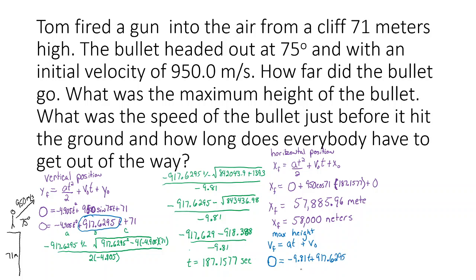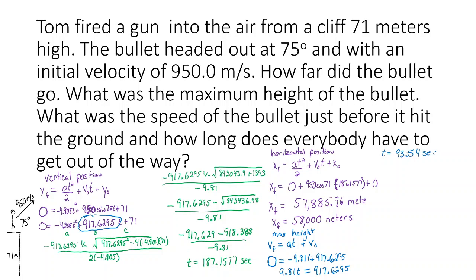All right, so now we'll add 9.81 to the other side. 9.81t equals 917.6295. You could probably get pretty good at estimating the solution right there. You can kind of check your work by estimating 900 divided by 9. It'd be approximately 100.